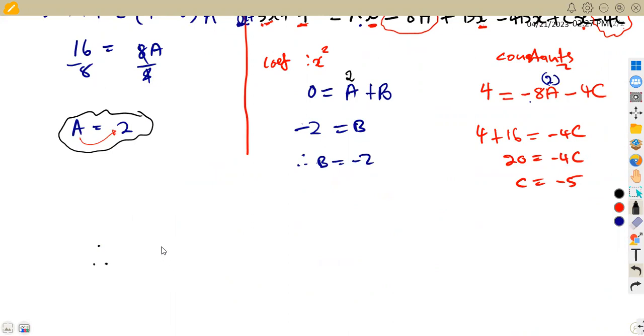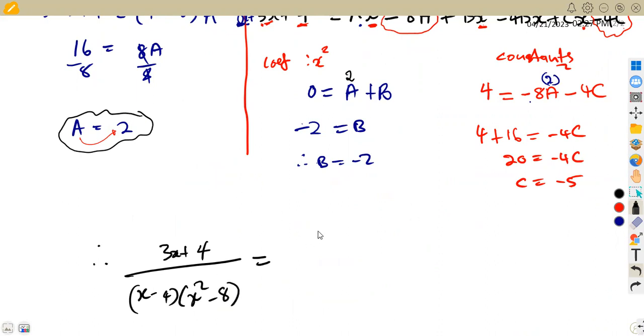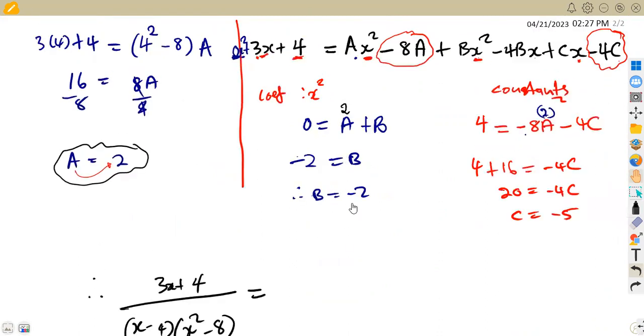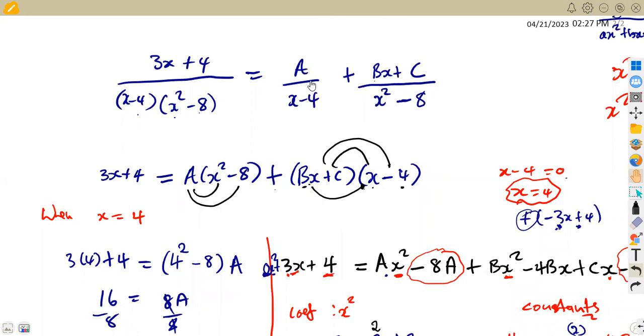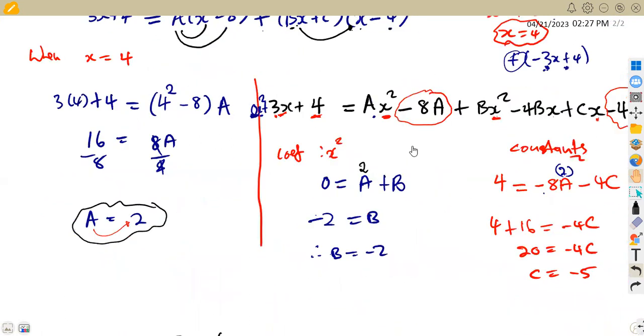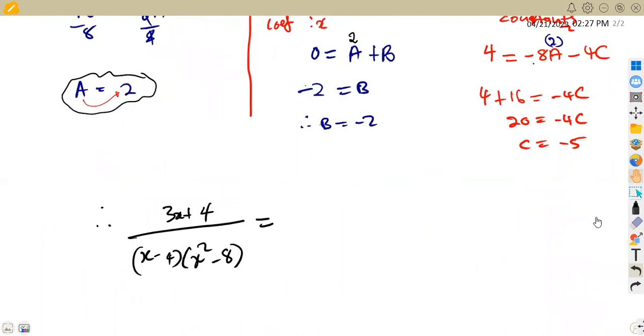Our original expression, 3x plus 4, everything over x minus 4 times x squared minus 8, is equal to the first part, which is a over x minus 4. Our a in this case is 2, so this is going to give us 2 over x minus 4.